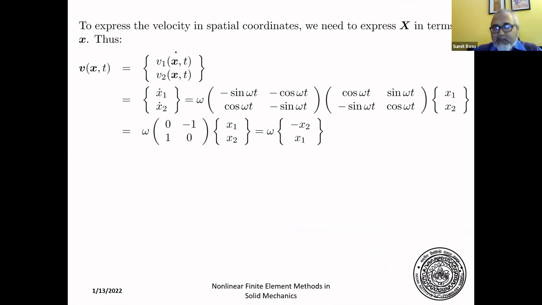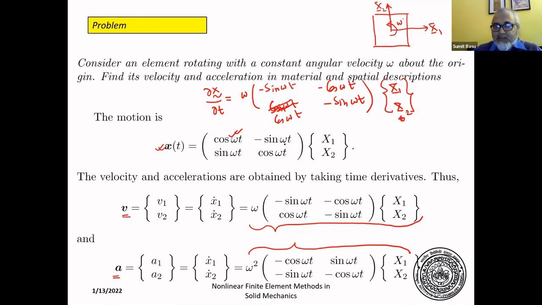We have V1 of x, t and V2 of x, t. These are components of the spatial velocity. And to convert it, we replace capital X1, X2 by the inverse of this times small x1, small x2. So I replace it by cos omega t, minus sine omega t, sine omega t, cos omega t, inverse times small x1, small x2.